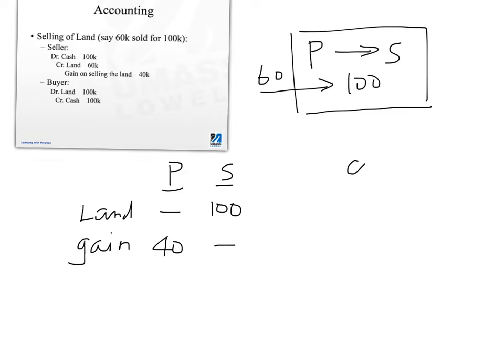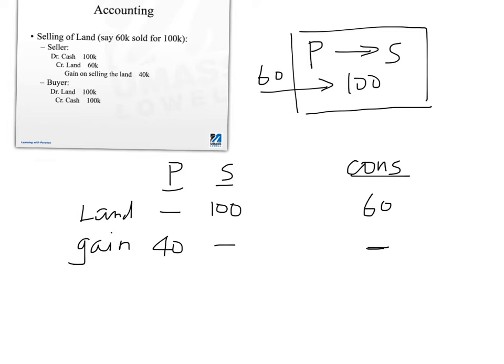If we look at consolidated numbers, what is the cost of the land from the whole group's point of view? It is 60, right? It is only the resources coming in or out of the group that count. So consolidated land should be 60, and there should be no gain because there's nothing sold to the outsiders.